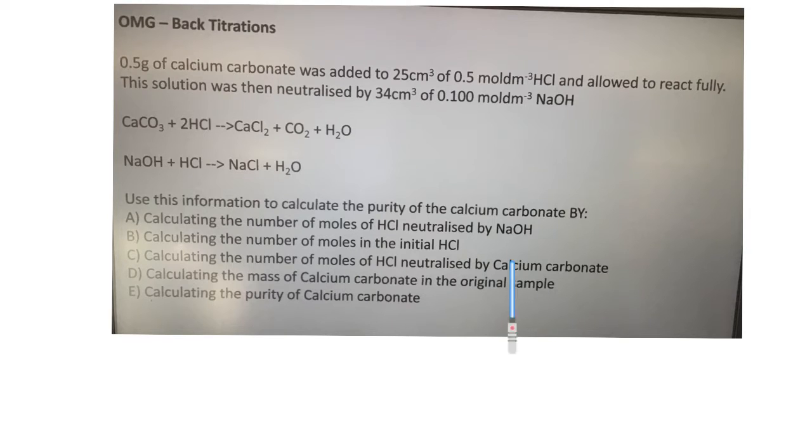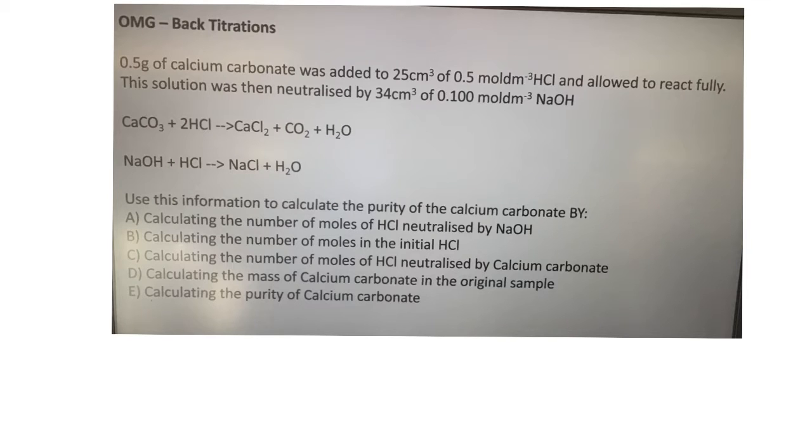Now, I've given you a 5-step process to get to the point of calculating purity. First thing I need to do is calculate the number of moles of hydrochloric acid neutralized by sodium hydroxide. So if we look at the question, 0.5 grams of calcium carbonate was added to 25 cm³ of 0.5 mol/dm³ hydrochloric acid and allowed to react fully.